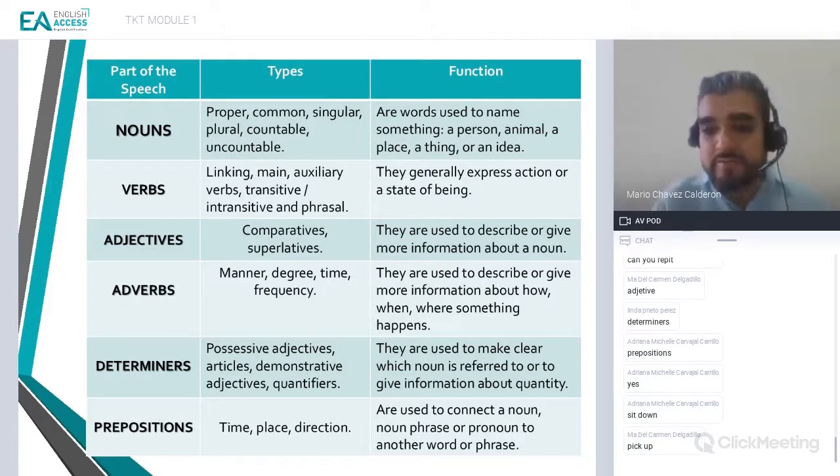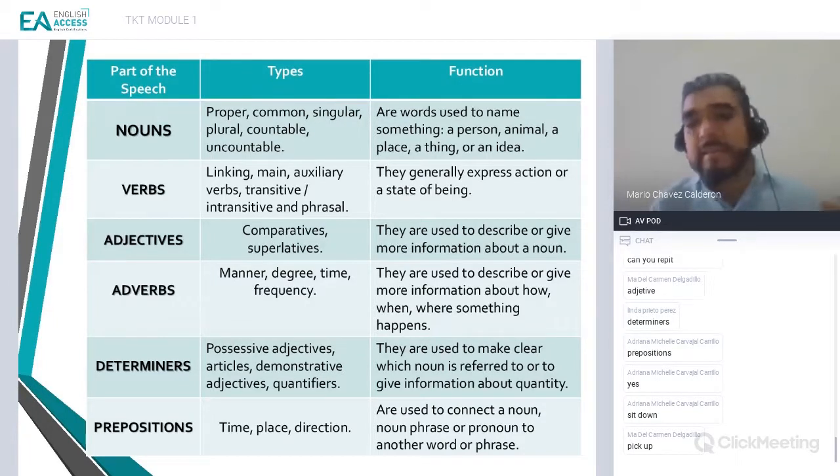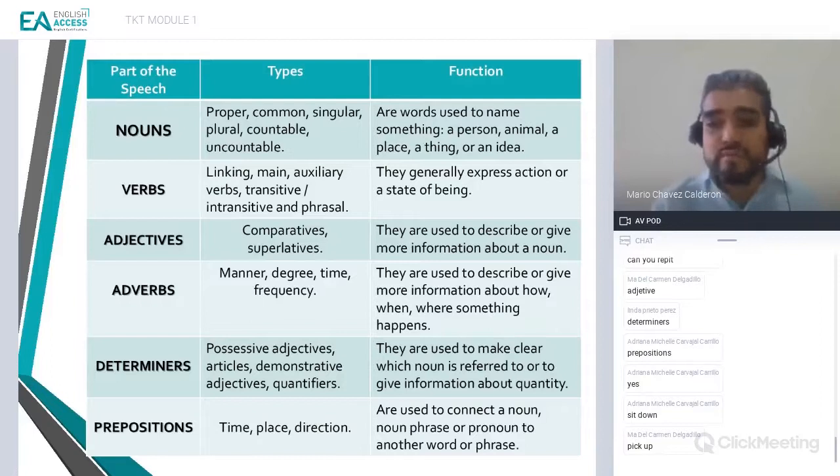The articles: a, an, and the, those are determiners. Demonstrative adjectives: this, that, these, those are demonstrative adjectives.